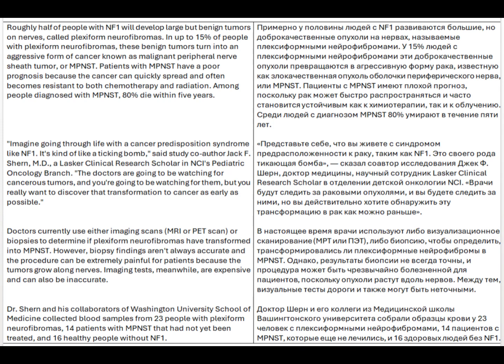In up to 15% of people with plexiform neurofibromas, these benign tumors turn into an aggressive form of cancer known as malignant peripheral nerve sheath tumor, or MPNST. Patients with MPNST have a poor prognosis because the cancer can quickly spread and often becomes resistant to both chemotherapy and radiation. Among people diagnosed with MPNST, 80% die within 5 years.